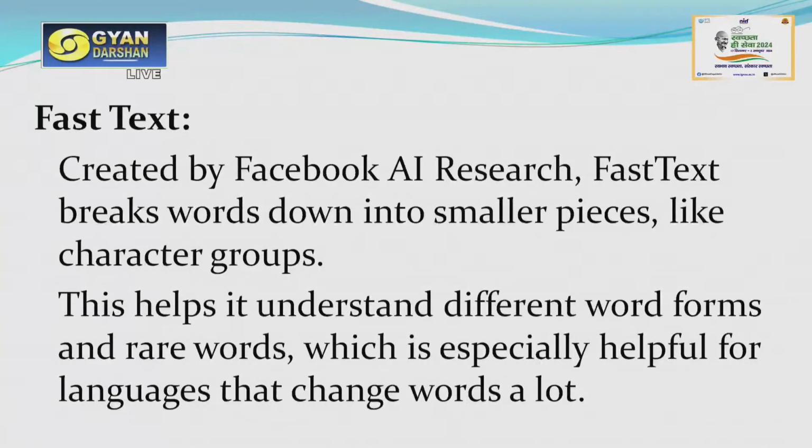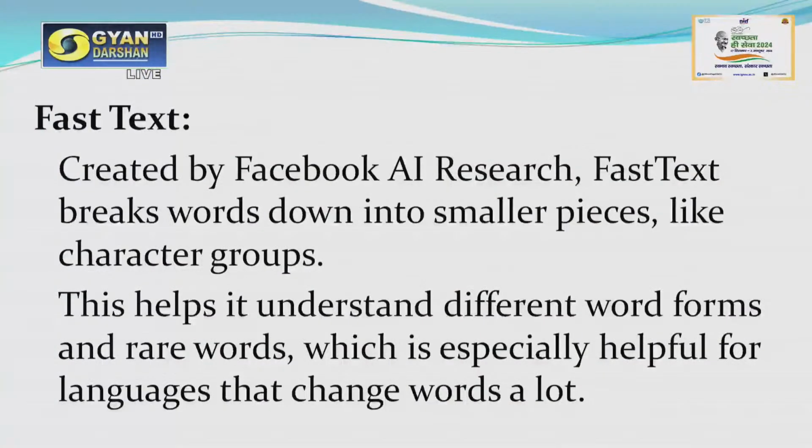And then there is a third technique called fastText. This fastText is created by Facebook, while GloVe was created by Stanford and word-to-vec was created by Google. FastText breaks down the complete sentence or document into smaller pieces like character groups. This helps it understand different word forms and rare words, which is especially helpful for languages that change the words.